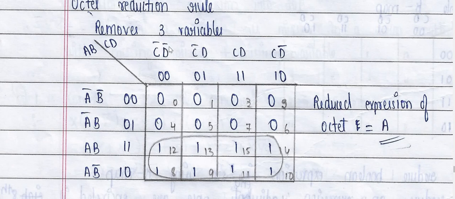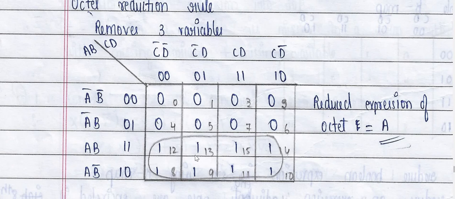In the first one, D bar is changing to D. Second, C bar is changing to C. We can remove both C and D in the top. So, what will be the reduced expression of this octet? Only A. From A, B, C, D, B, C and D removed.